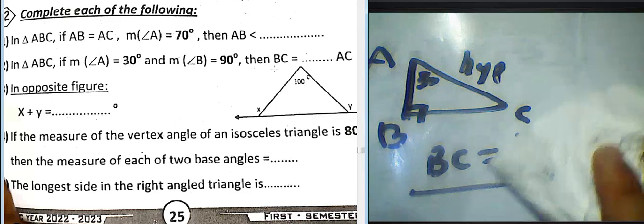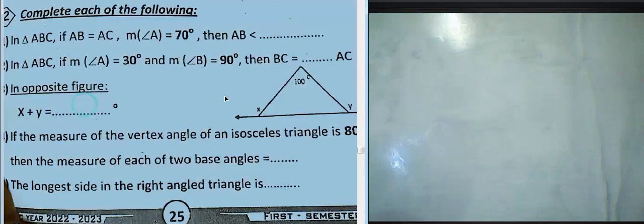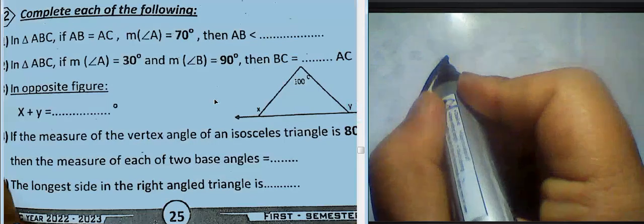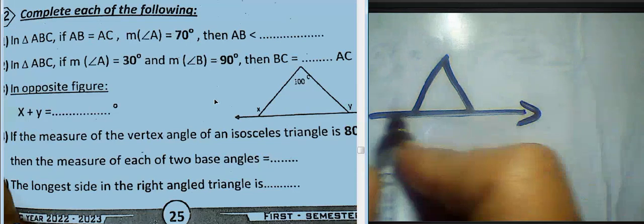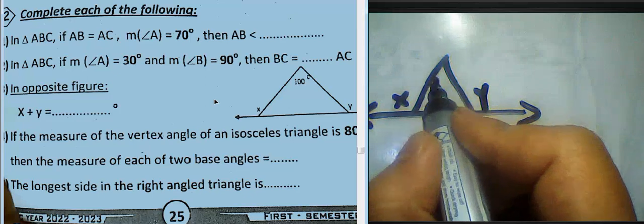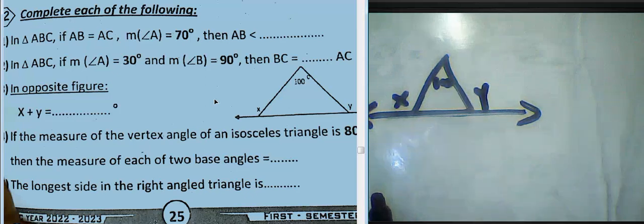Question number 3, look with me at this question. In the opposite figure you want to find x plus y. x plus y equals what? We can draw this triangle here. This angle is x and this angle is y, and this angle here is 100 degrees.